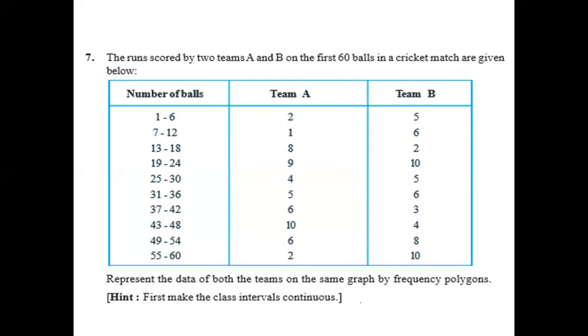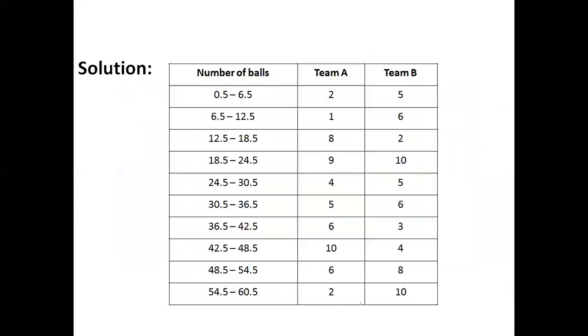So we should draw a class table by having continuous class intervals. Again, as I had taught you earlier, I need to subtract 0.5 from the lower limit and add 0.5 to the upper limit. So on doing this, I get this table.